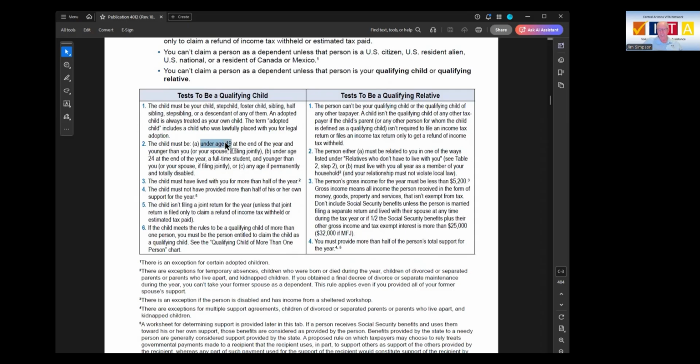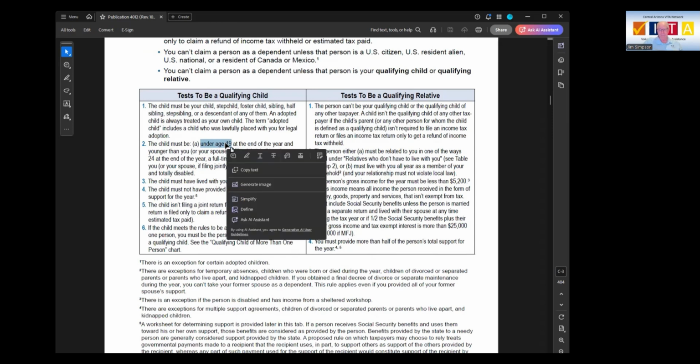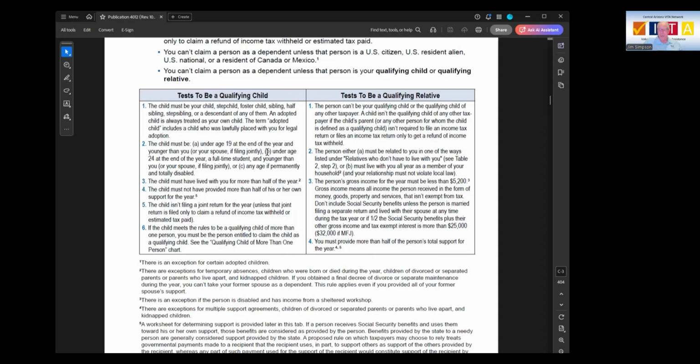So if they turn 19 on December 31st, right, they don't count for this one. B, now this is an or. They must be either under 19 at the end of the year or under age 24 at the end of the year, a full-time student and younger than you or your spouse.